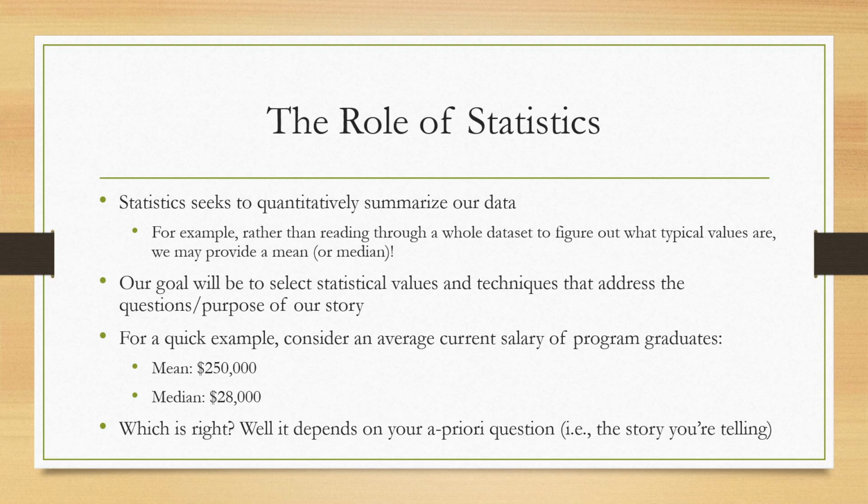So consider, if I was a professor in the program trying to sell my program to students, then maybe what I would do is advertise the mean salary. But that wouldn't be a particularly accurate representation of this data for the purpose of saying this is what future students in the program could earn.